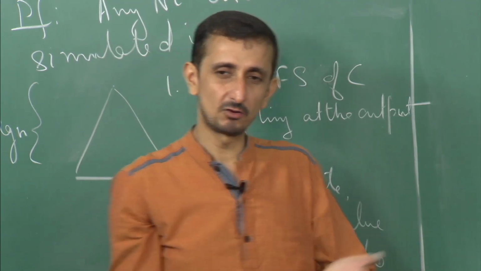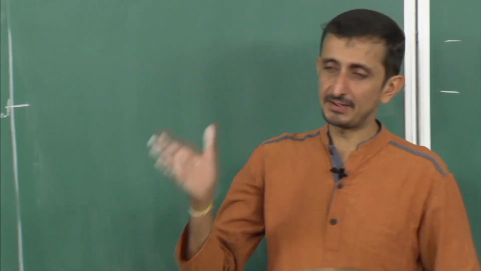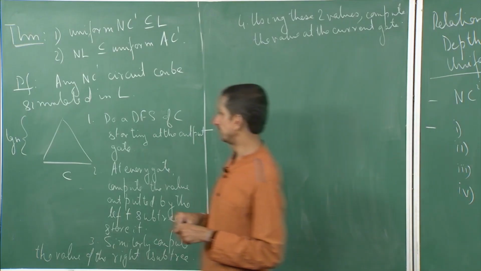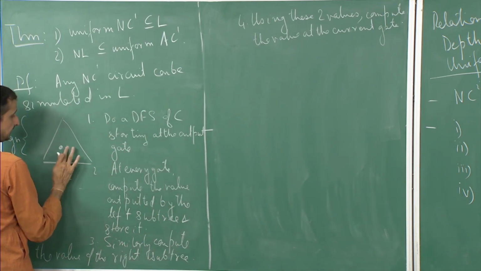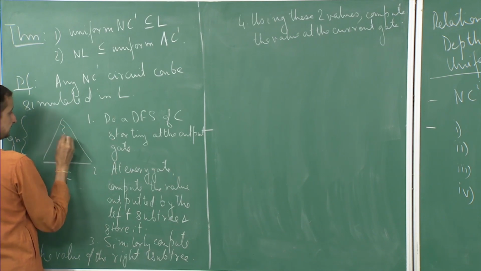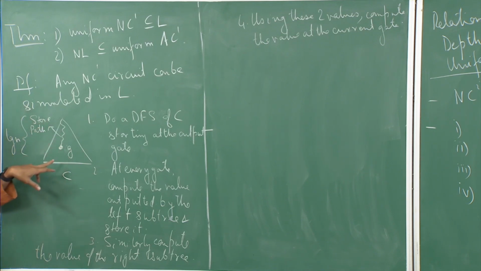You can assume without loss of generality that there are two output gates, but essentially at every step, at any gate, let us say G over here, I will keep track of the path to reach that gate.